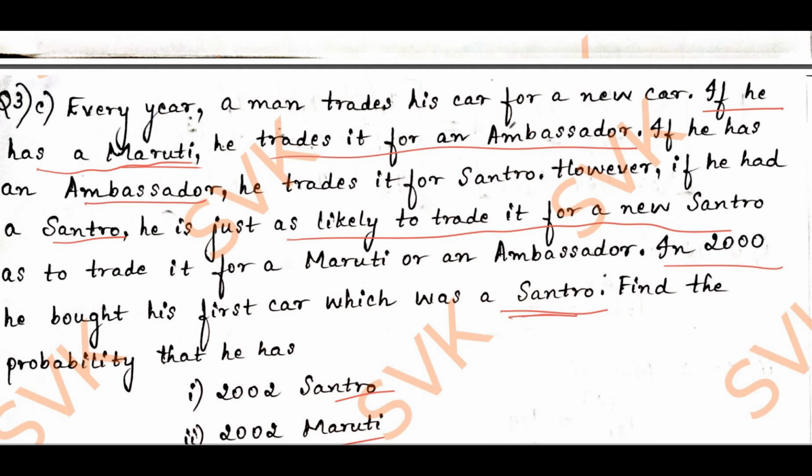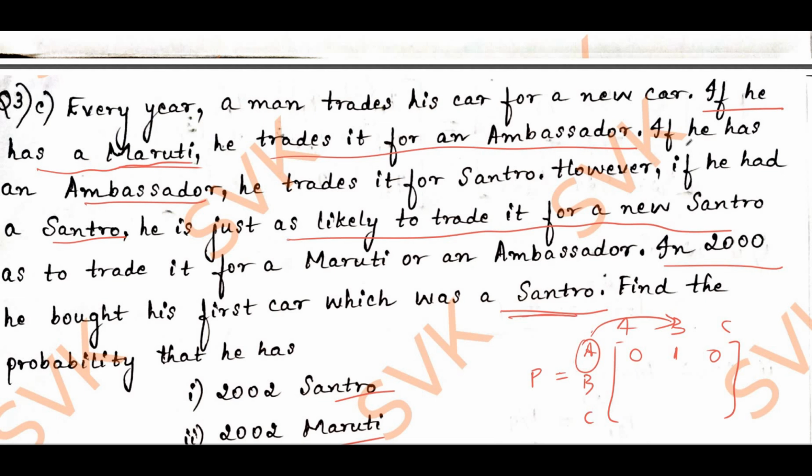As I have defined A, B, C, here also A, B, C. A is Maruti, and Maruti trades with Ambassador. So for that reason we put 1 and the rest of the values are 0, since the sum of the values in the probability vector should be equal to 1.